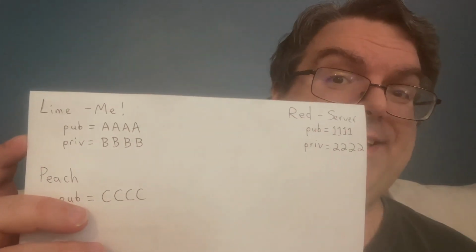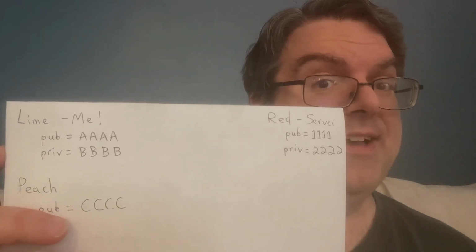And I've told it to encrypt the reply to the public key of AAAA, which, if you'll remember, that's my public key. And I have the private half that can decrypt that. Cool. So then I take this message and I seal it up.